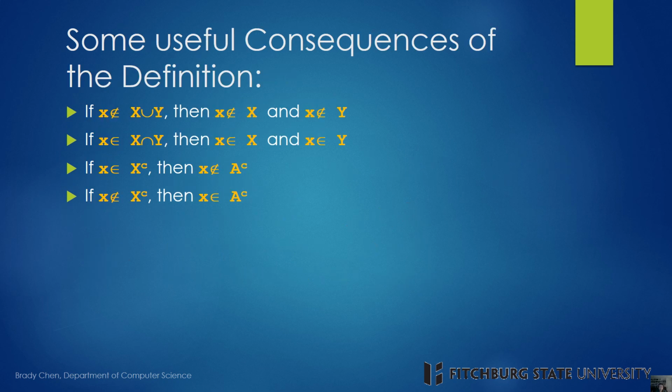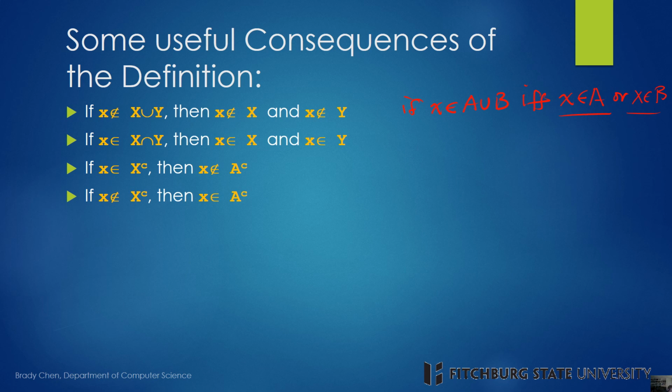Now, based on the definitions of the union, the intersection, and the complement, we have some useful consequences of these definitions. Remember, X belongs to the union of A and B if and only if, we use IFF, X belongs to A or X belongs to B. Either X belongs to A or X belongs to B. So what does that mean?